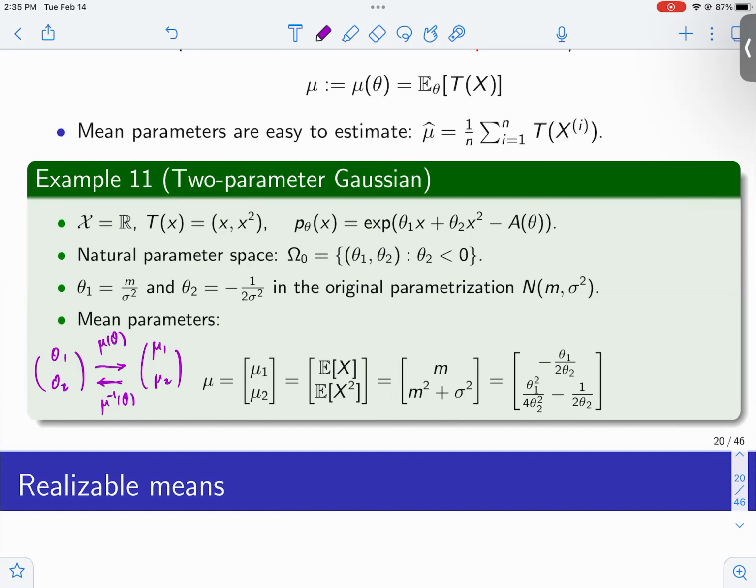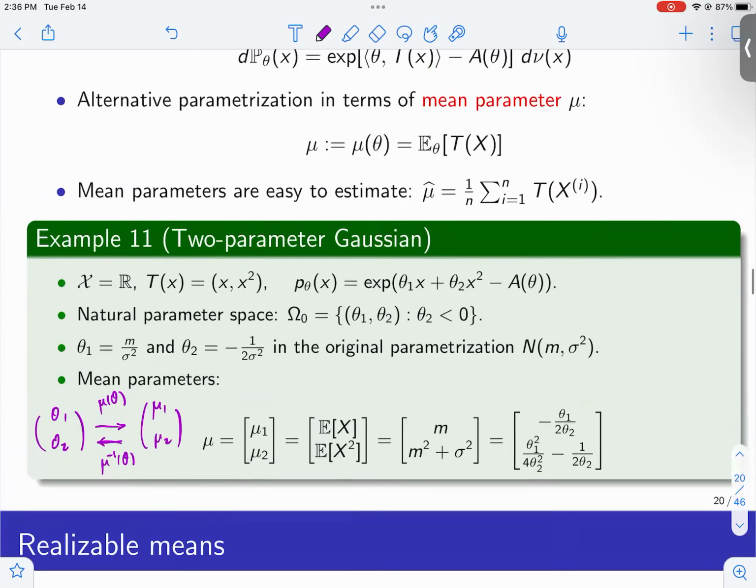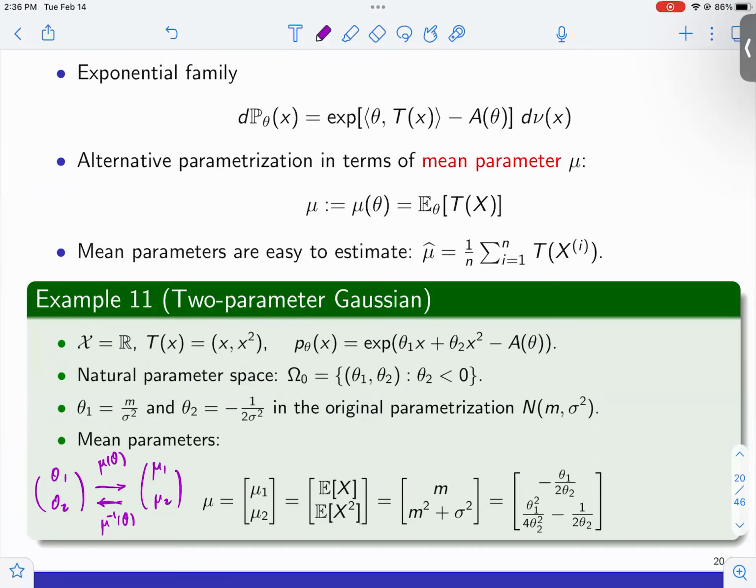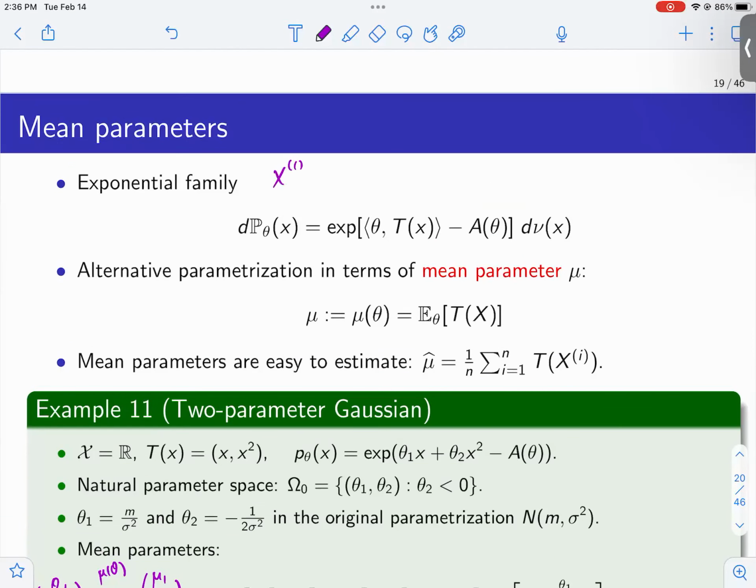Because they're means of a certain statistic. If I have, let's say, samples x1, x2, ..., xn from this family, IID, each one a vector in R^d, then I can form this T of xi, and then I form the empirical mean, right?